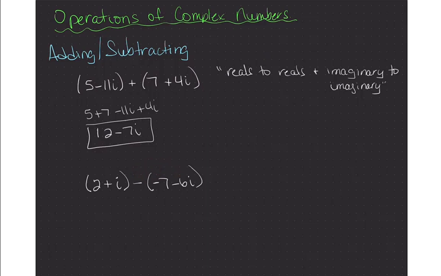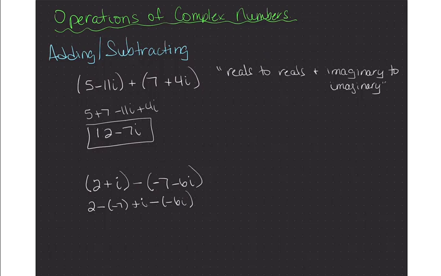This would be 2 minus negative 7, and this would be i minus negative 6i. Sometimes it's easier to write the negatives out the long way, just so you make sure you're taking that negative through everything. So this would be 2 minus negative 7, and then plus i minus negative 6i.